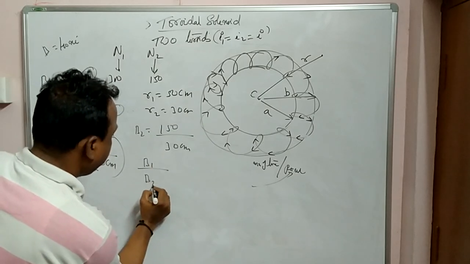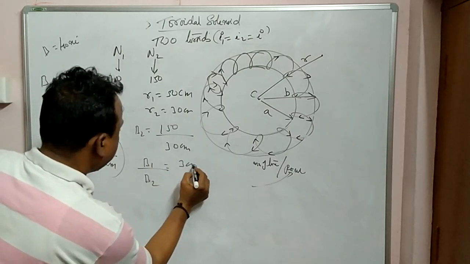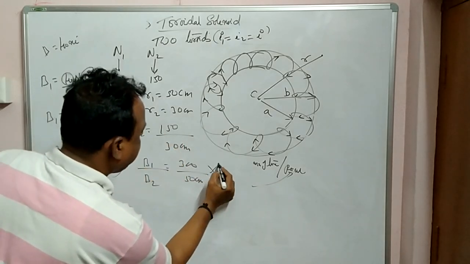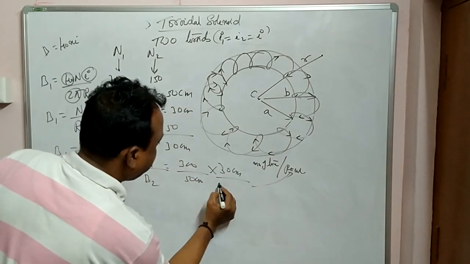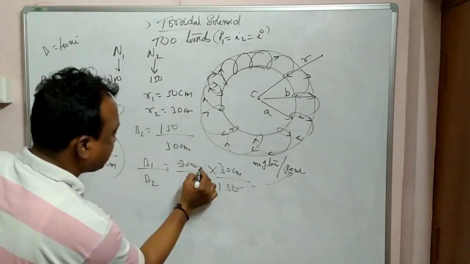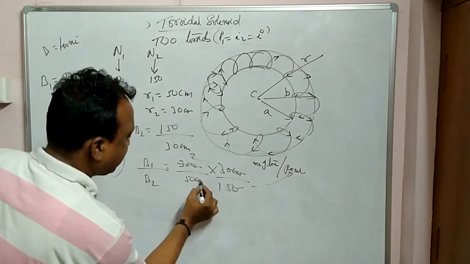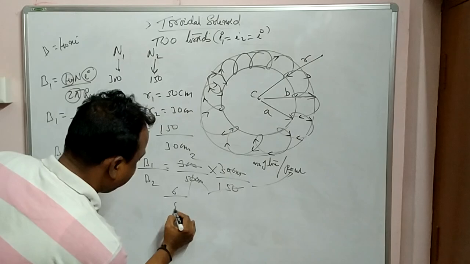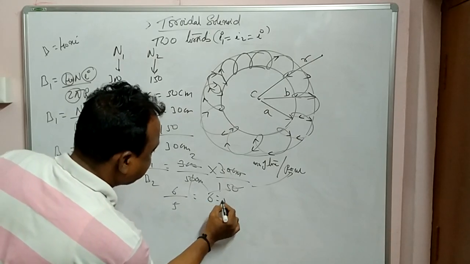B1 by B2 is equal to 300 by 50 cm, and when dividing, the 30 cm goes up and 150 stays below. cm cancels, 0 0 cancel. 3 to the 6 by 5. So I got it as 6:5.